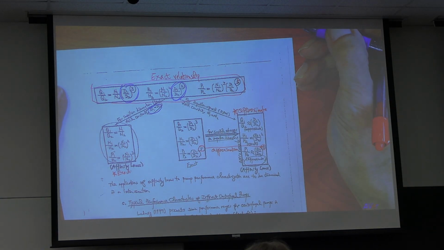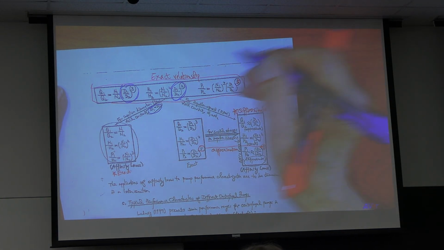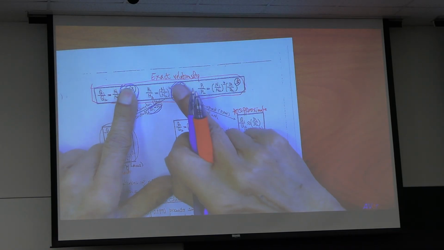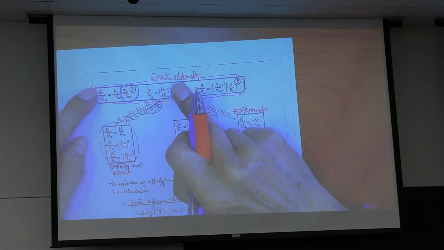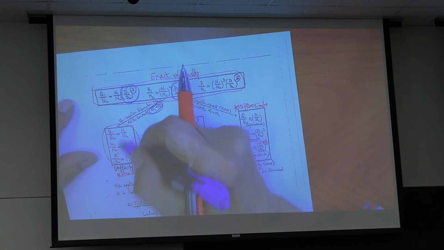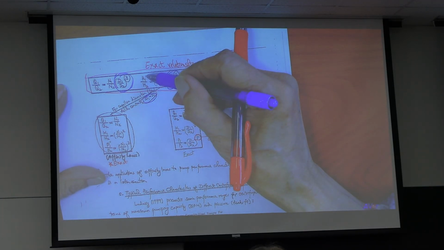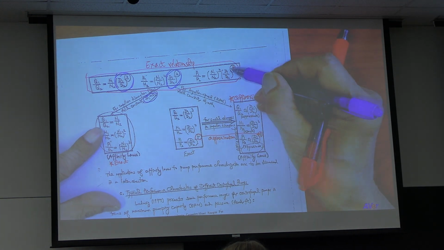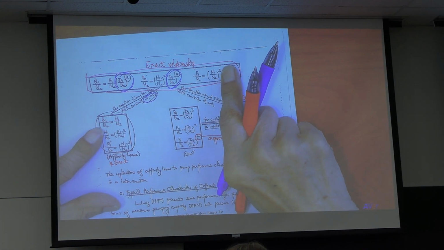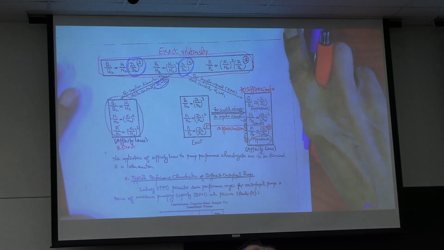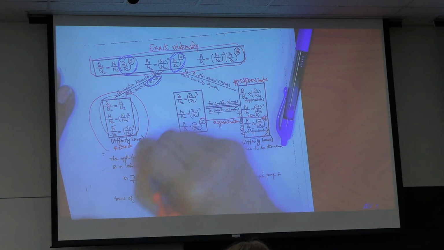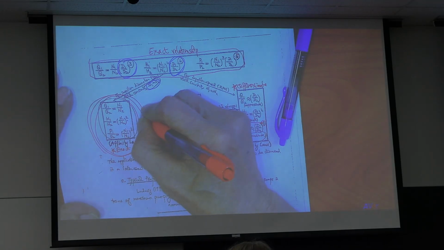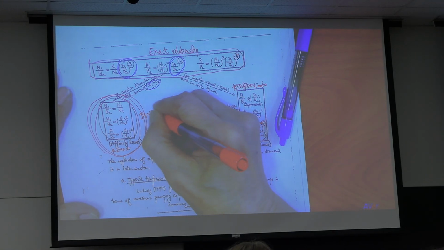Constant impeller diameter, you drop the second term. Q1 over Q2, N1 over N2, H1 over H2 squared. And this constant, third power. So this is exact relationship when D1 equal D2.